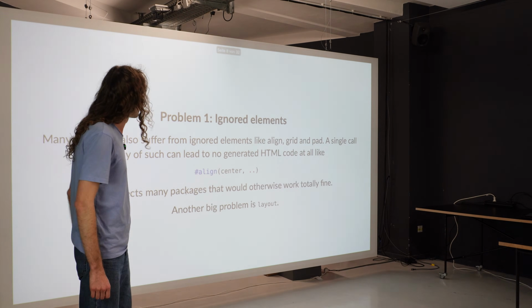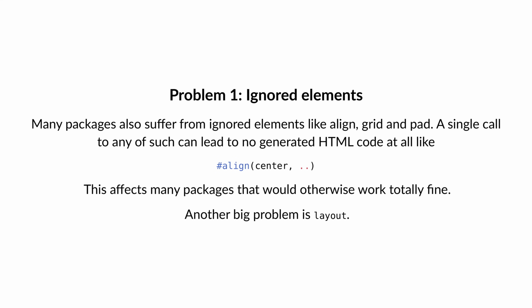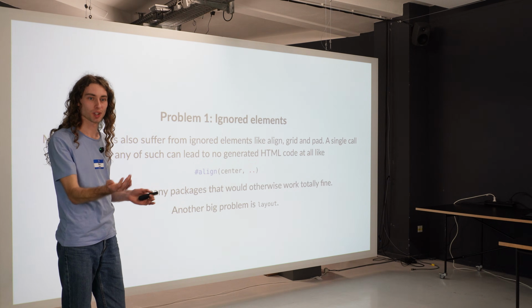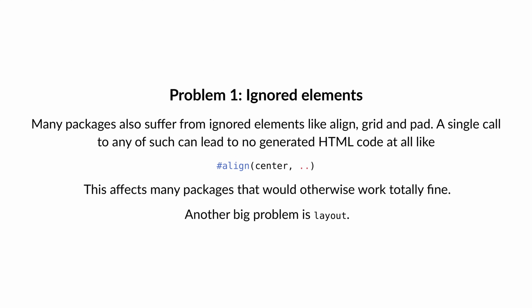The first one is pretty obvious: many elements like grid or line are simply ignored by the compiler, and this is expected. HTML export is still experimental. This will get better with time, I think. That's mostly up to the team to work on, and there will be solutions for that, but especially for grid, it's pretty sad.